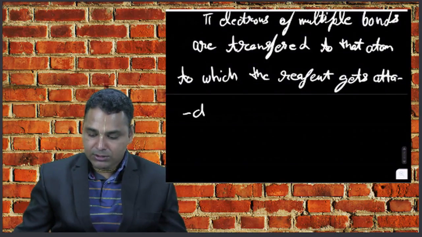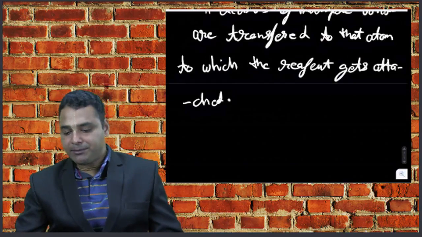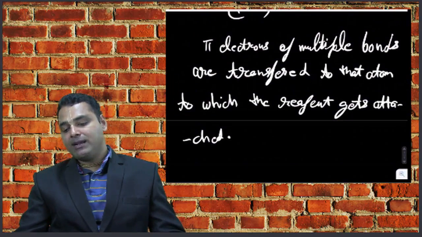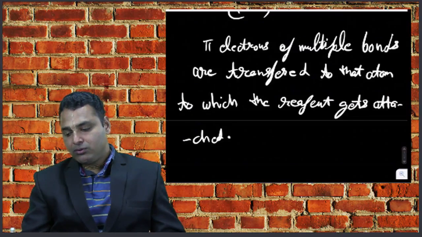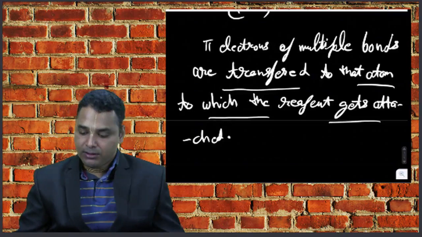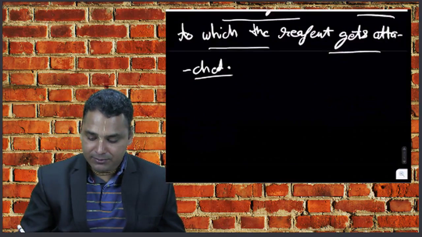Okay, with the help of an example we will see it, but first try to understand it. The pi electrons of multiple bonds are transferred to that atom to which the reagent gets attached. So the example will clarify it further.